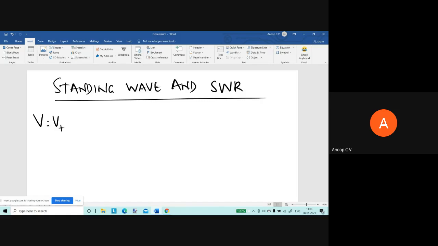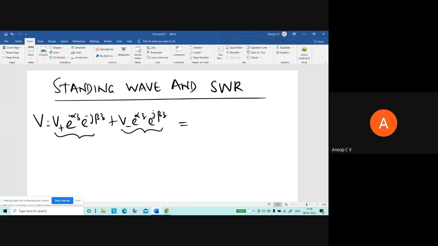I am writing everything again so that you will be able to recollect it. It's a very important topic. V plus e power minus alpha z e power minus j beta z is the incident wave, plus V minus e power alpha z e power j beta z, which is the reflected wave. So both incident wave and reflected wave are there.